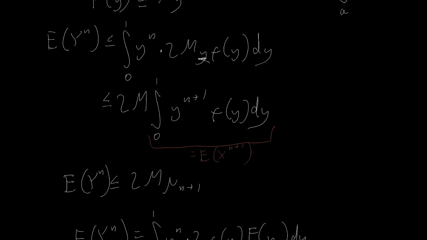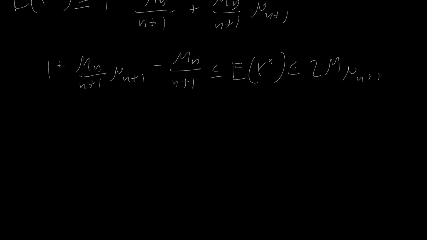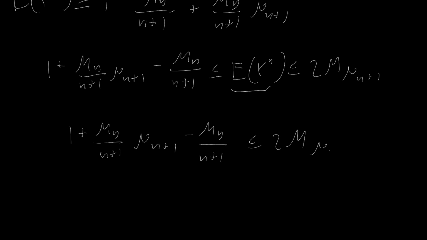So we go back down here. You can see in this question, the expectation value thing just disappears, so we can get rid of this bit. Now we can say 1 plus mn over n plus 1 mu n plus 1 minus mn over n plus 1 is less than or equal to 2m mu n plus 1.